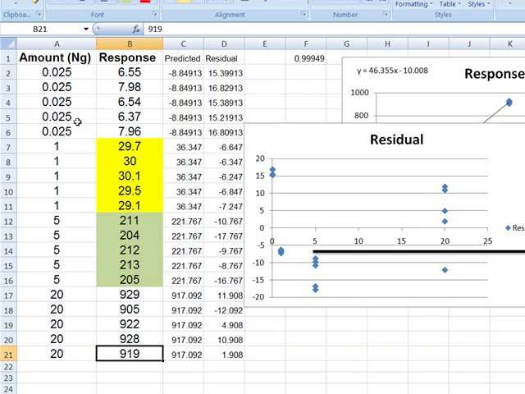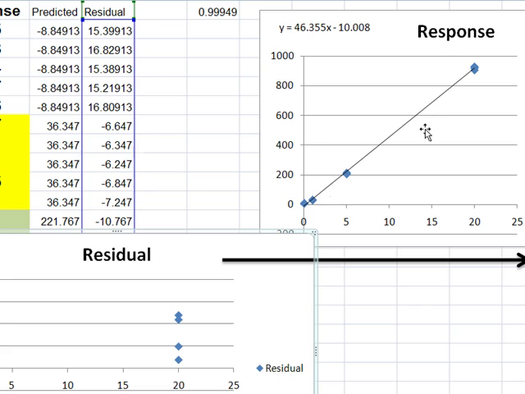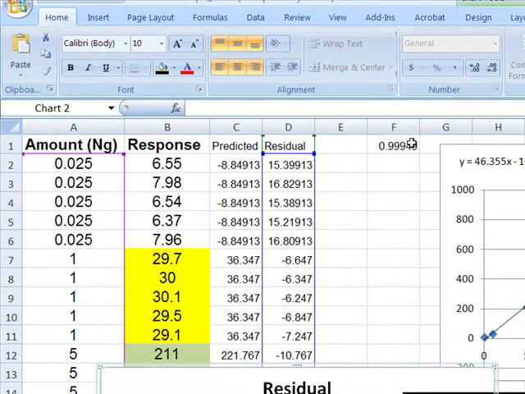And now also look at the x variable. We're starting at 0.025 and ending at 20. There's a huge gap between the smallest, the largest, and everything in between. Everything is spaced out. Put it all together, and you have a situation where everything looks very nice here. The R value is very large, but we don't have a good linear model.